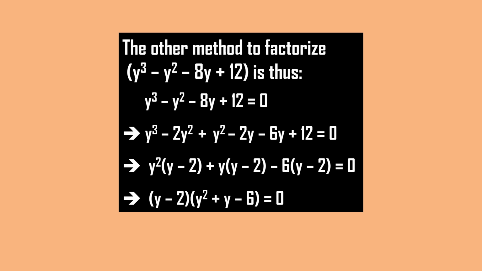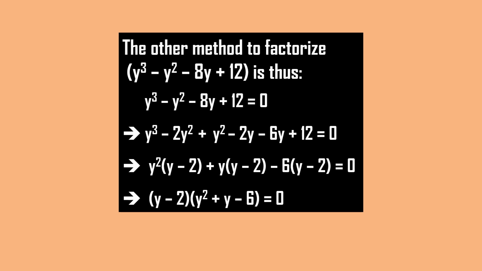So that is the same thing as we got earlier, but by a slightly different method. We call it the method of factorization by vanishing coefficient, that is splitting minus y square as minus 2y square plus y square, splitting minus 8y as minus 2y minus 6y, and then we group them in pairs and take out the common factor, and ultimately we get the same result as we got when we did the long division method we saw earlier, and we get that the expression is y minus 2 into y square plus y minus 6.